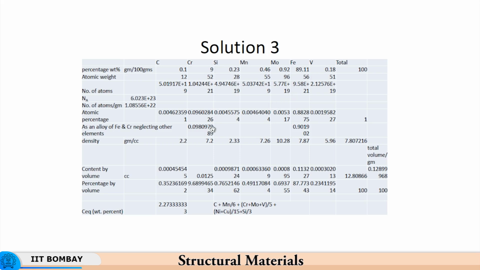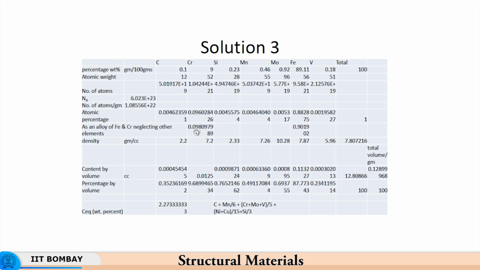So if you approximately take it to be that, neglecting other elements, an alloy of iron and chromium, and using the formula which we have studied during our discussion of binary alloys, how to find the chemical composition in terms of atomic percentage, right.